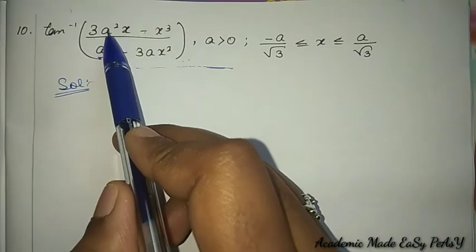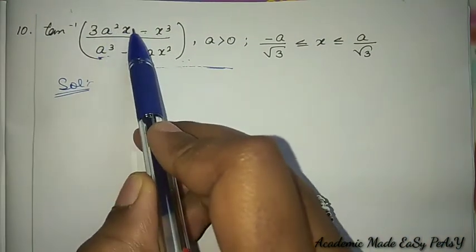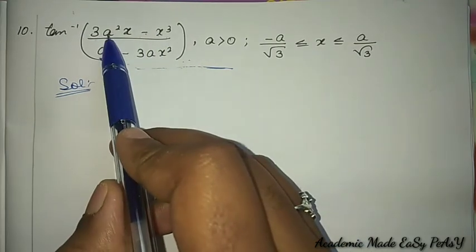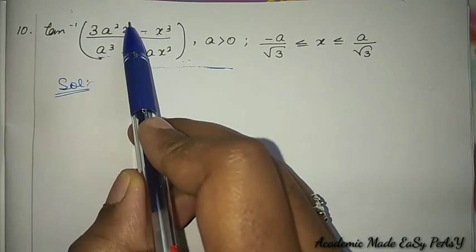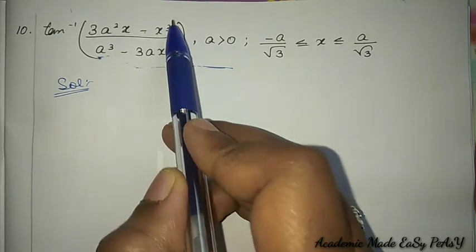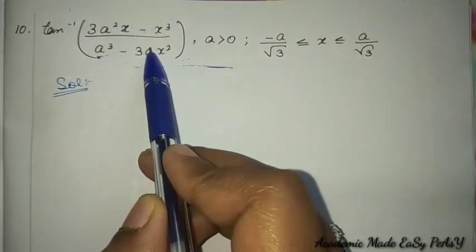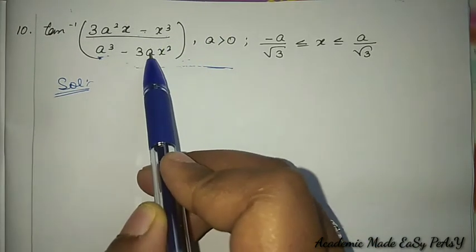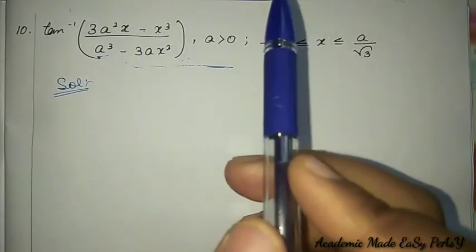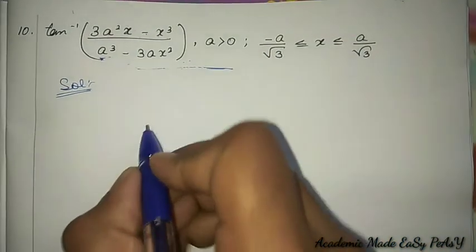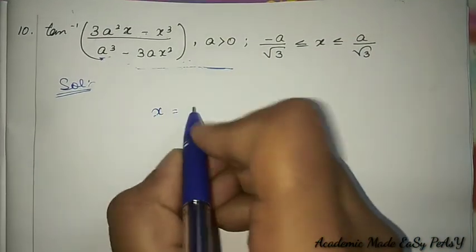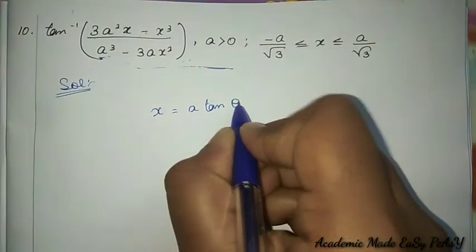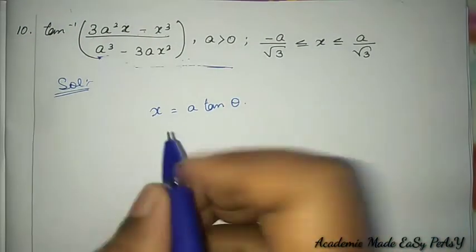When you add the powers of a and x, I have 2 plus 1, which is 3. Here also 3. 1 plus 2, 3. So I should have the powers of a as 3. So I have to substitute x as x is equal to a tan theta. So this should be my substitution.